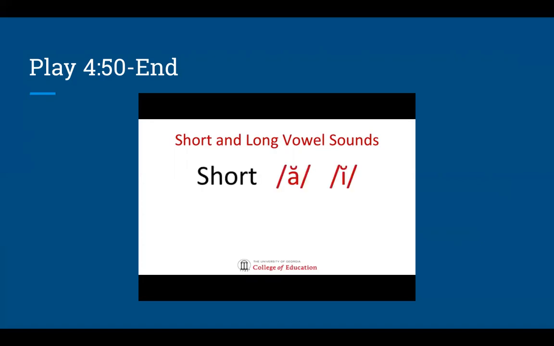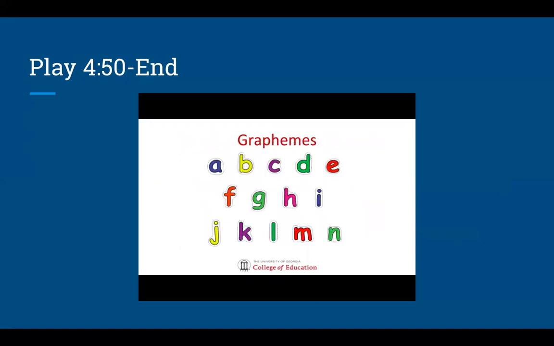The breve, shaped like a small U, indicates a short vowel sound, as in a and I. The macron, a small flat line, indicates a long vowel sound, as in A and I. Graphemes refer to letters of the alphabet. Phonemes are the sounds that are represented by graphemes.